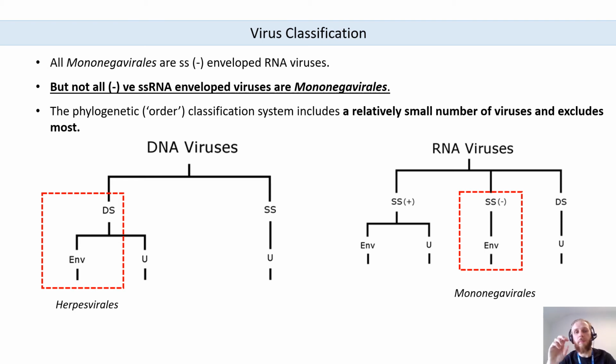The point being made is that there is this overlap, and that actually makes sense because when we're talking about phylogenetic orders, we're talking about viruses that have genetic similarity, so they have a shared evolutionary history, and therefore it is understandable that they have similar phenotypic characteristics. If we're talking about a group of viruses that are genetically similar, so they've evolved together, it makes sense that they have the same genotype. It also makes sense that they share other phenotypic characteristics, like whether or not they have an envelope.